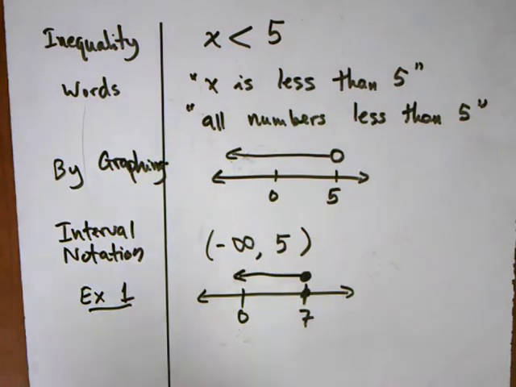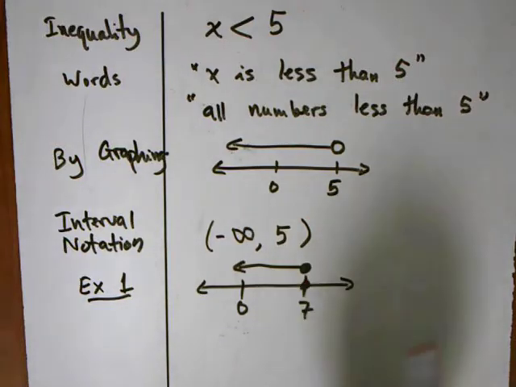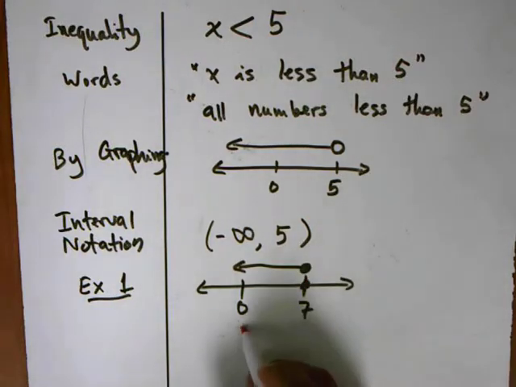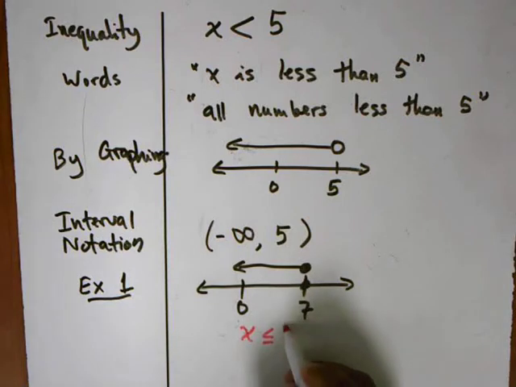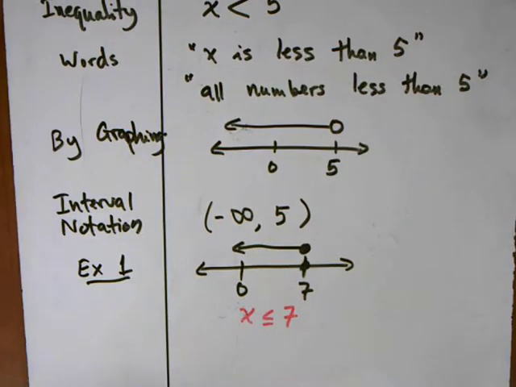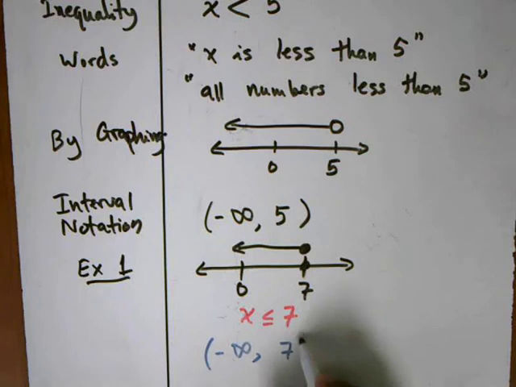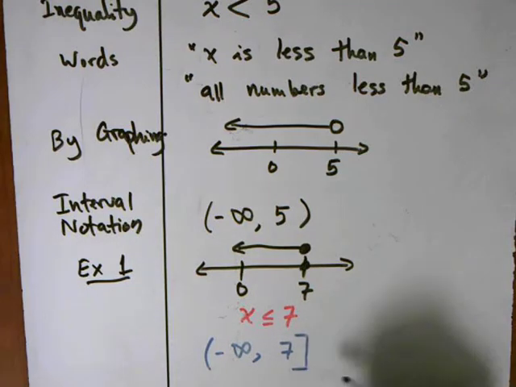What would this be as a mathematical symbol? Well, it's all things less than 7. The circle is filled in, so we know that this is x is less than or equal to 7. In interval notation, this would be everything between negative infinity and 7, but I'm going to use the square bracket here because it is inclusive.